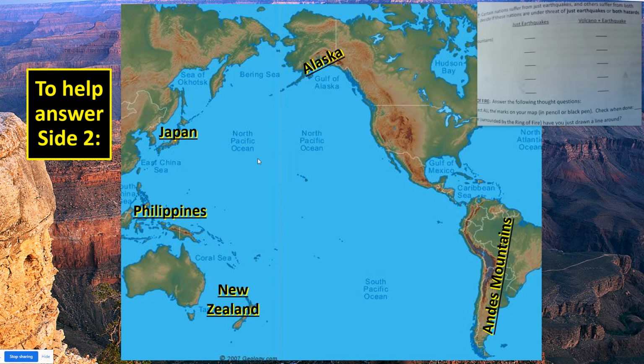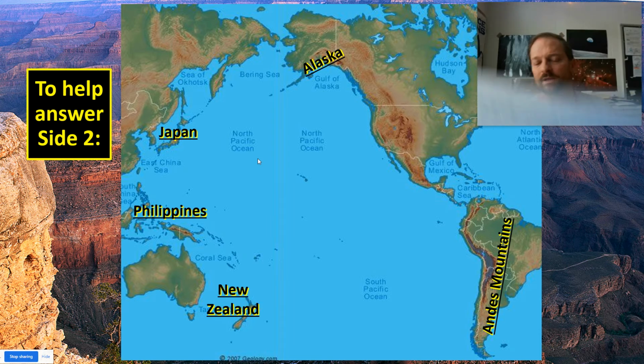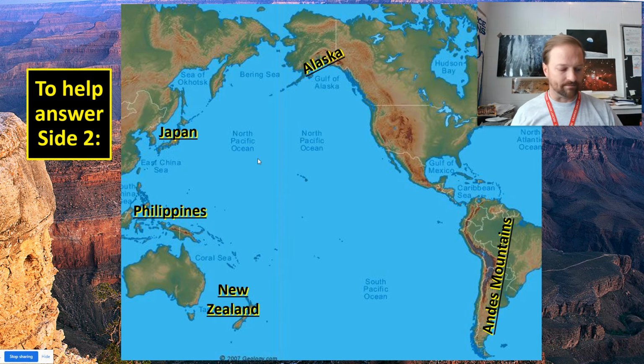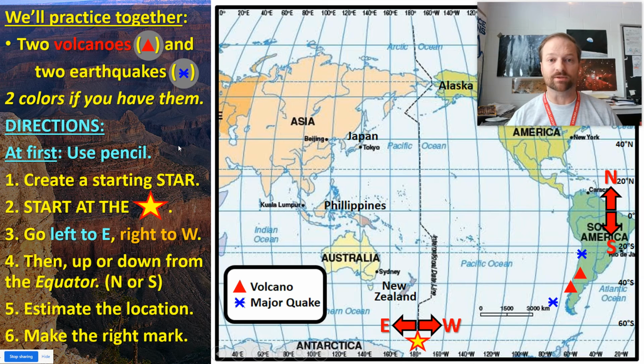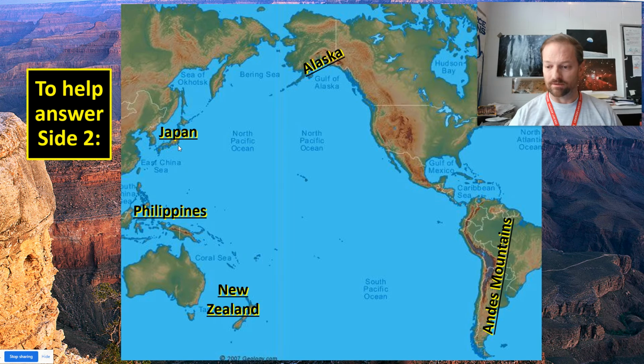Then you've got some blanks to put a check mark, okay? I'll do the first one with you. South America, according to the map we just built, right? South America, the Andes Mountains, okay? Take a look where I've labeled it on this slide to assist you. At those locations along the Andes Mountains, we have already put volcanoes and earthquakes.